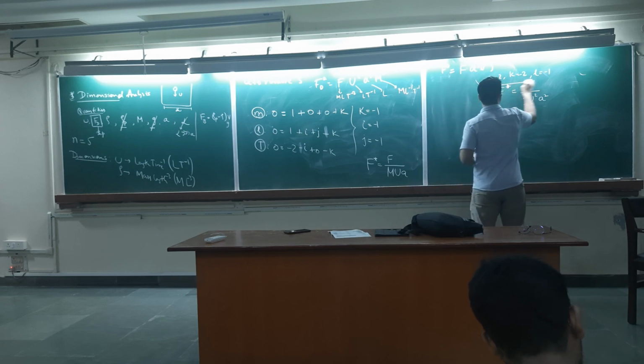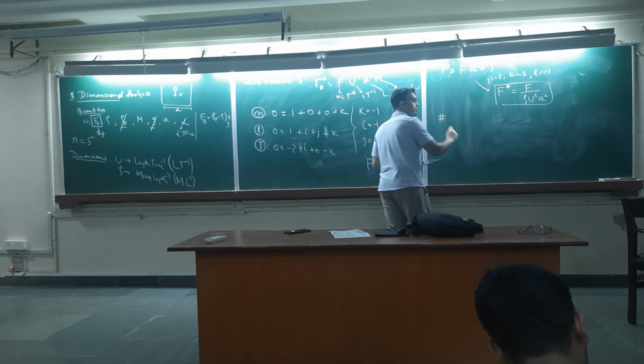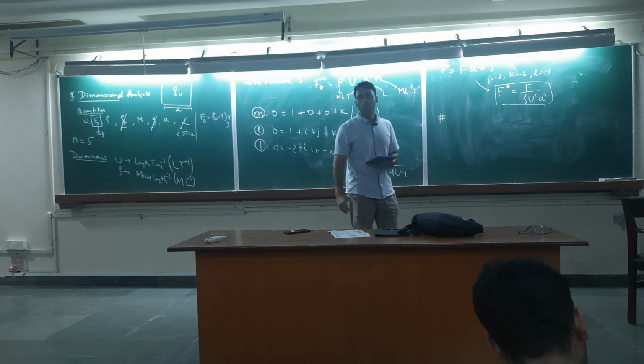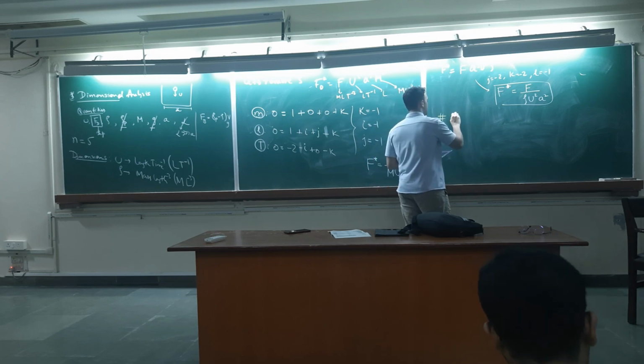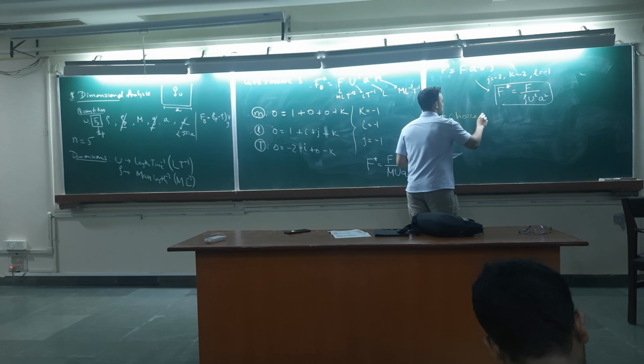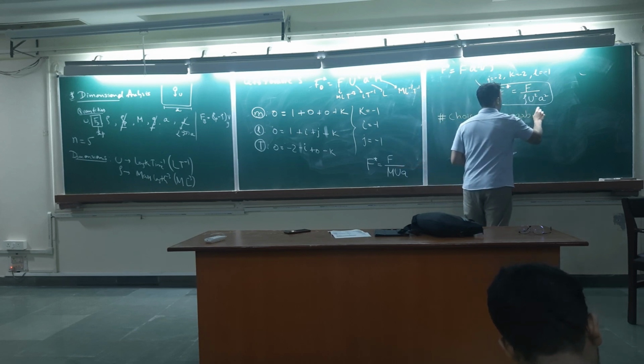But at this point, I would like to write my two main criticisms of this Buckingham pi theorem or dimensional analysis. First, the choice of n is arbitrary.